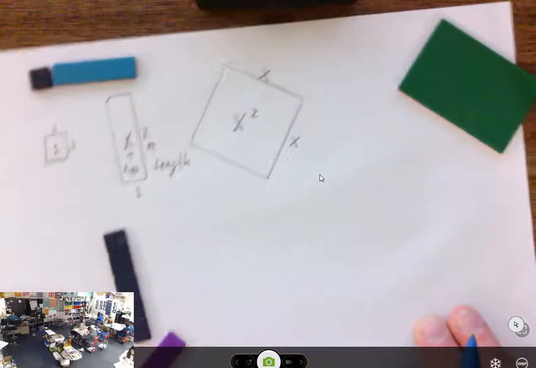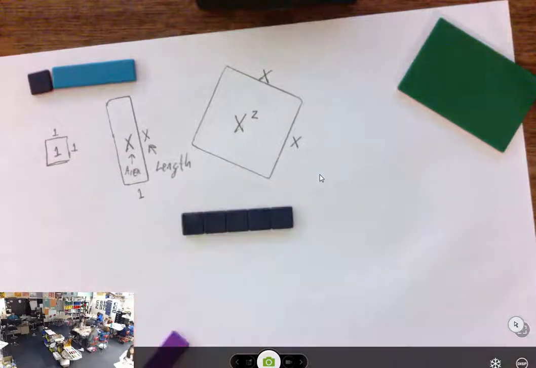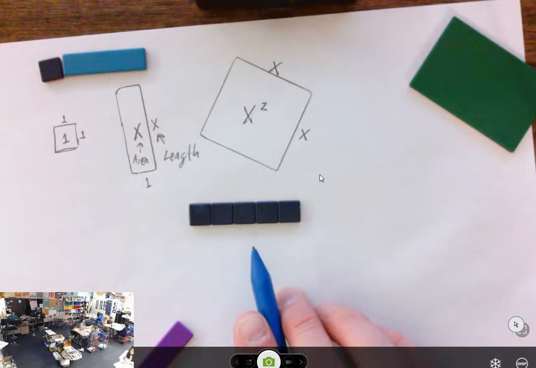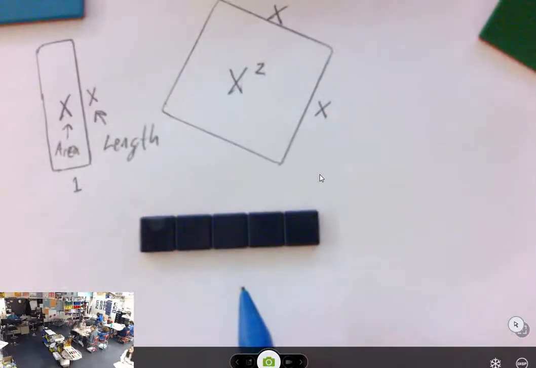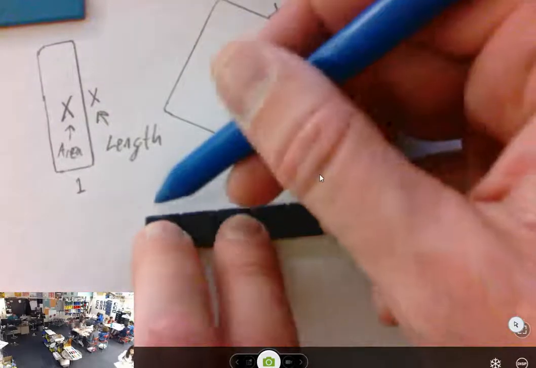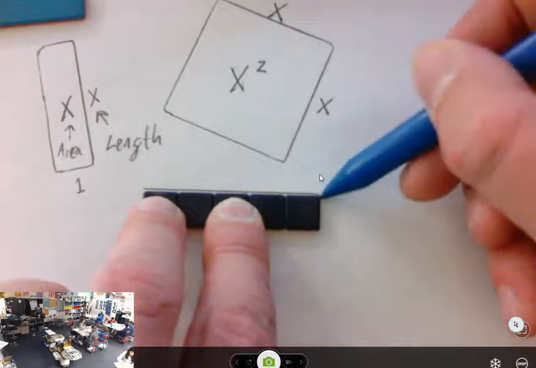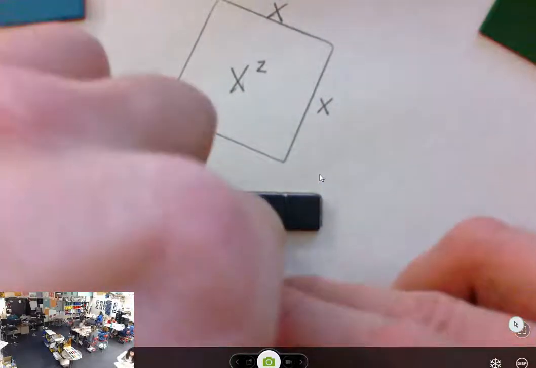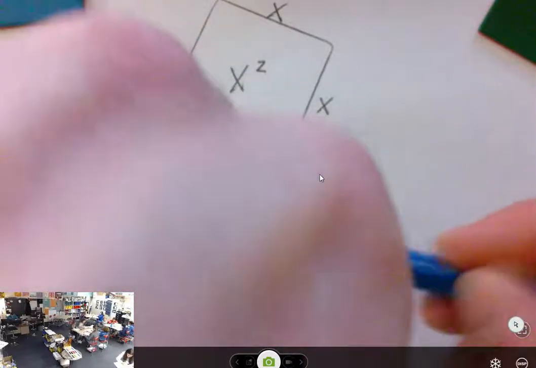Now tiles we've never seen before. What is this? Hard to see up here. 5 by 1. It's a 5 tile. Trace it. Make sure you have it. It's a type of tile, right? They said every type of tile.